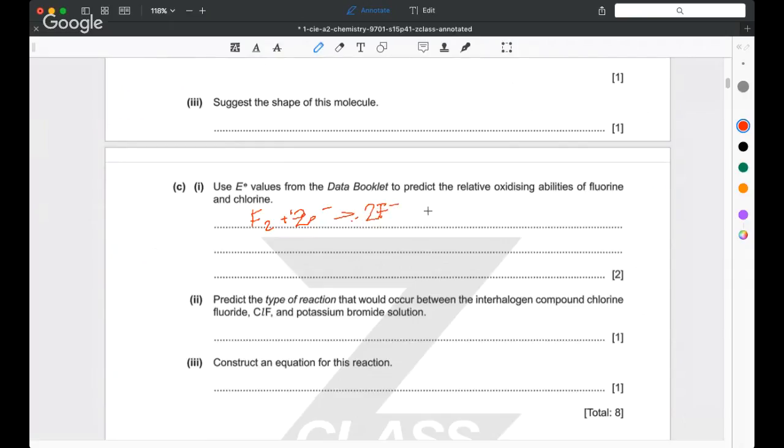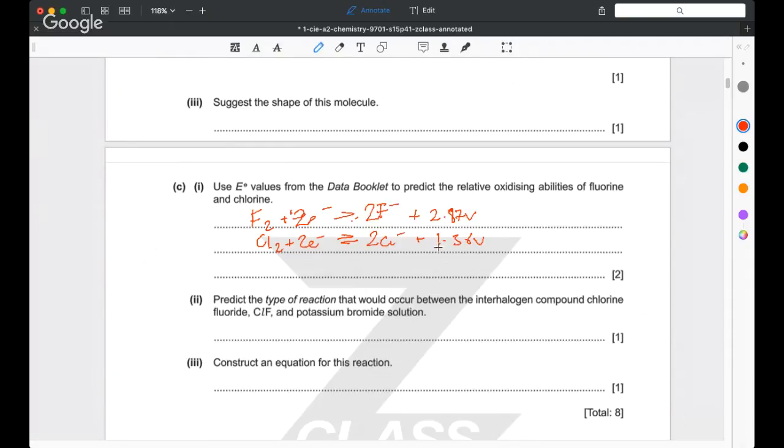And if you look up the standard cell potential in the data book, then you get 2.87 volts. And if you look up chlorine, then this is a standard cell potential as well, 2 chloride ions, and you have plus 1.63 volts. All right.